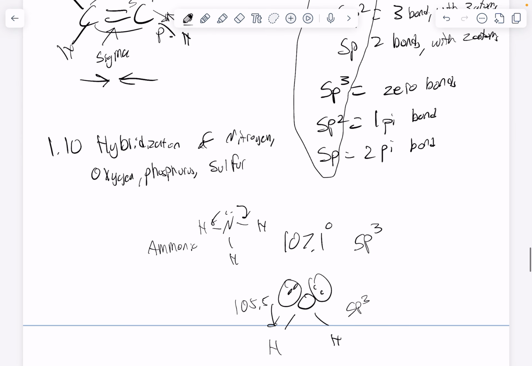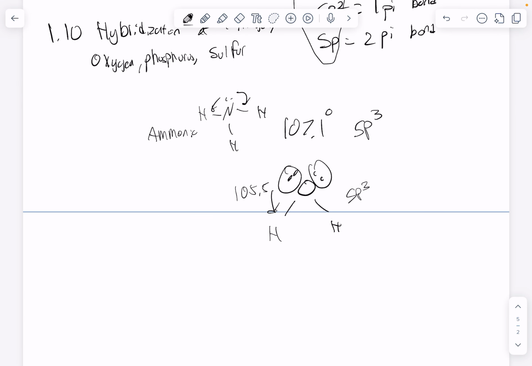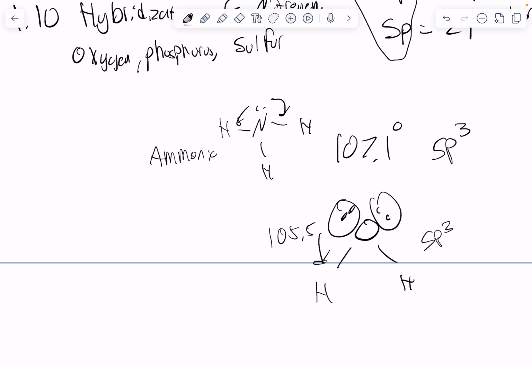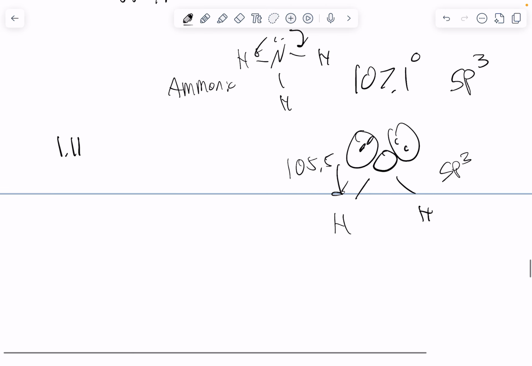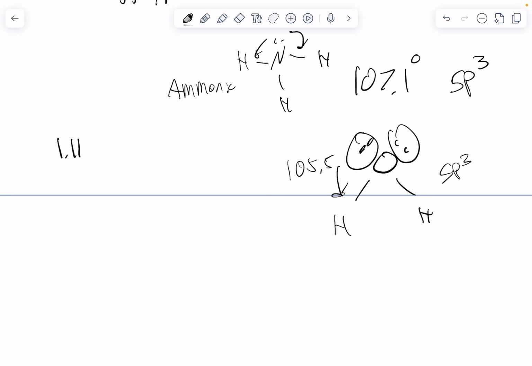So now I'm going to skip 1.11, which we haven't really spoken about that much in class. It's just another way of visualizing how atoms bond and how they go from high energy to low energy. So if we have these hydrogens, we have their 1s orbital filled, so this is 1s1 for each.